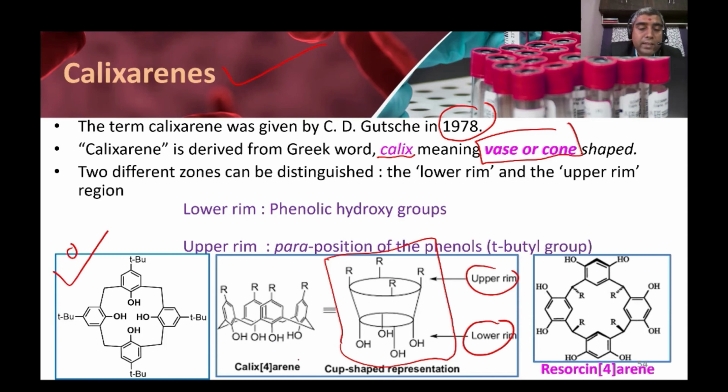In between, this is calixarene, and the middle image shows the upper rim and lower rim. The lower rim has 4 hydroxyl groups, and the upper rim has the para position of the phenol, and it is a cup, vase or cone-shaped structure. And resorcinarene is also in the category of calixarene.